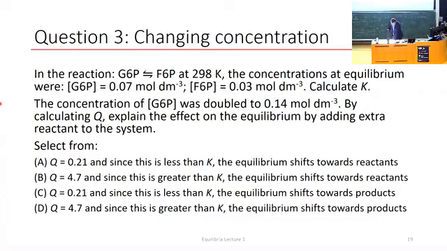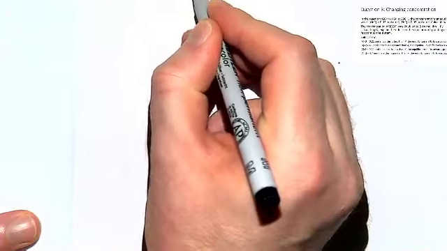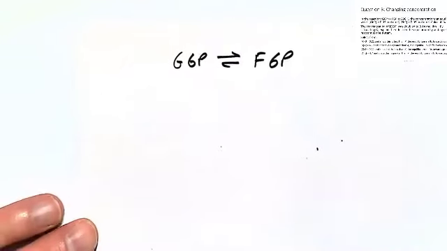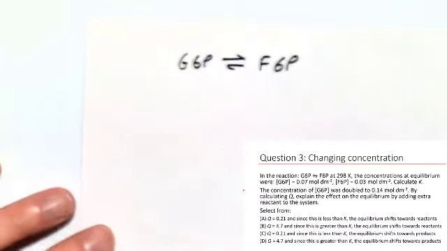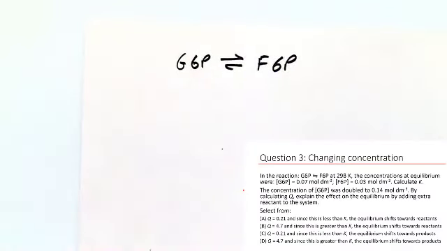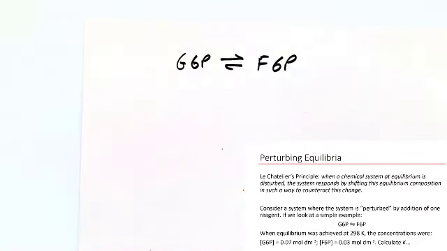So, just to make sure, we have glucose 6-phosphate going to fructose 6-phosphate. Okay, and we knew that at equilibrium the concentrations were, what happened here? 0.07 and 0.03.